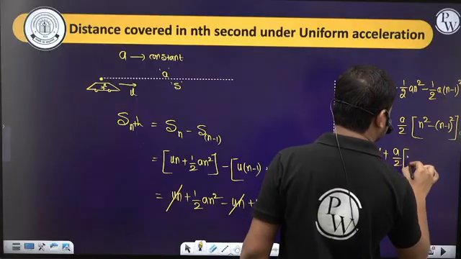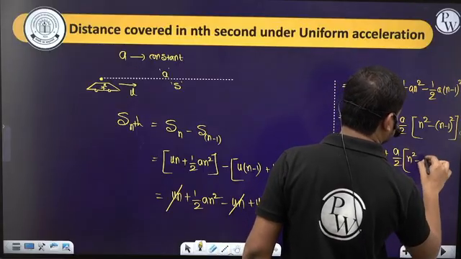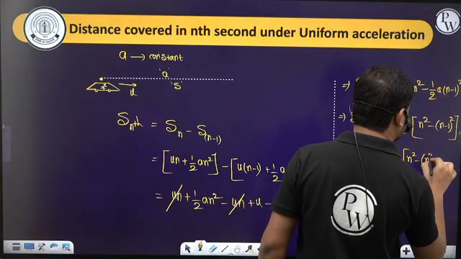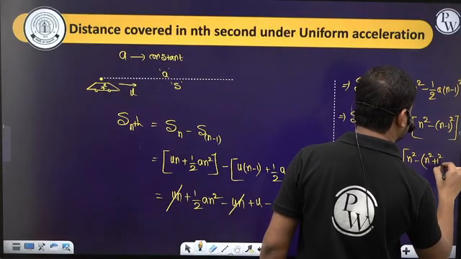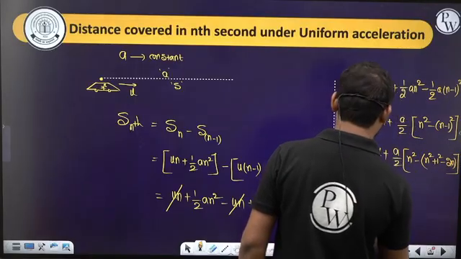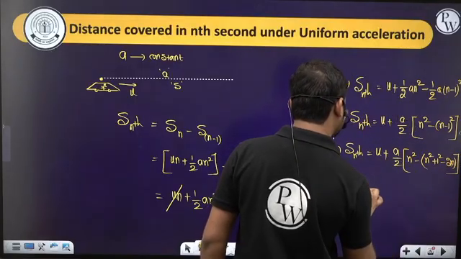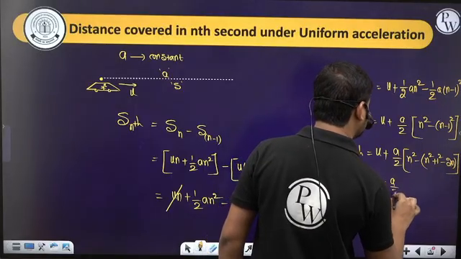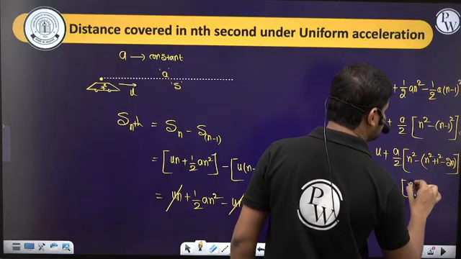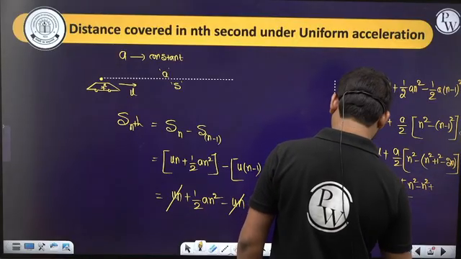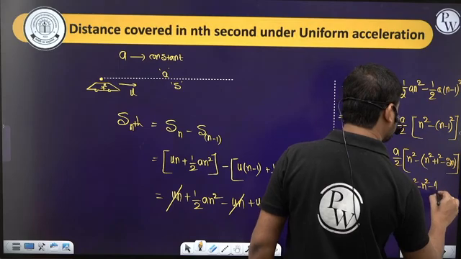Let's elaborate this one. n minus 1 whole square is n square plus 1 square minus 2n. So the distance traveled in the nth second will be equal to u plus a by 2 into n square, multiplying the minus inside, minus n square, minus 1 plus 2n.